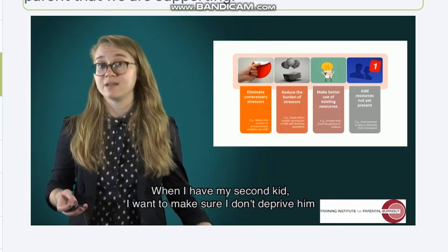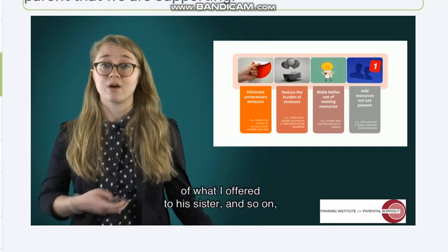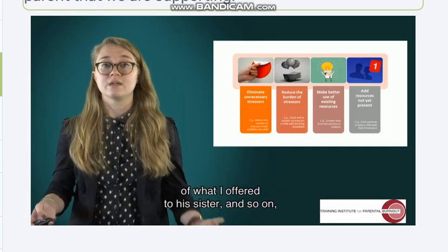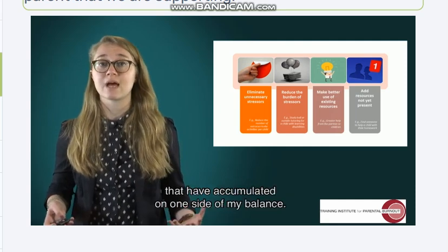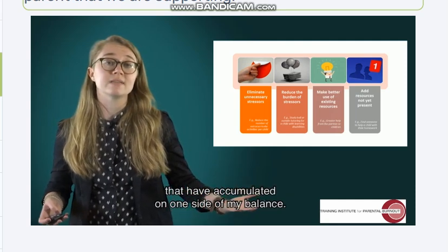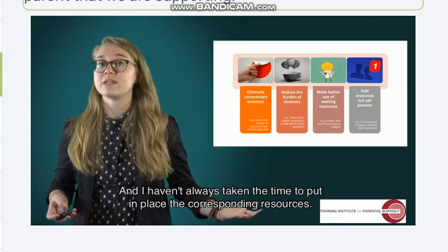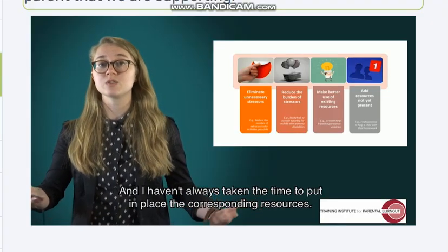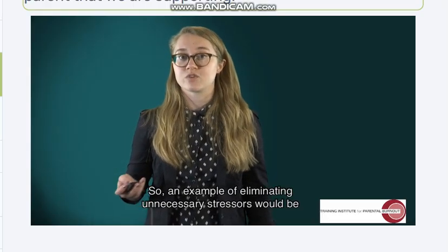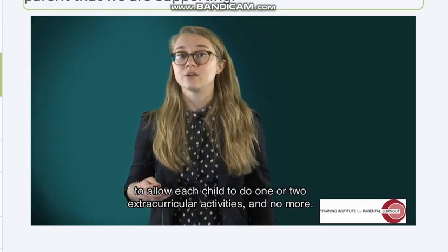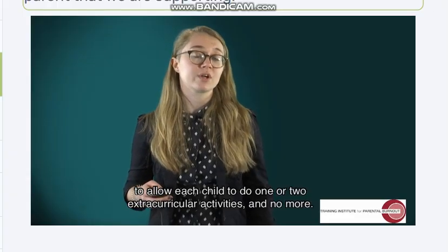And then when I have my second kid, I want to make sure I don't deprive him of what I offer to his sister, and so on, until I have a lot of stressors, tasks, and responsibilities that have accumulated on one side of my balance, and I haven't always taken the time to put in place the corresponding resources. So an example of eliminating unnecessary stressors would be to allow each child to do 1 or 2 extracurricular activities and no more.